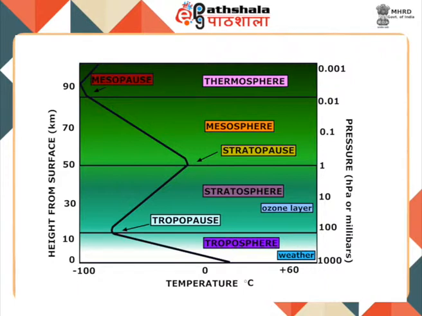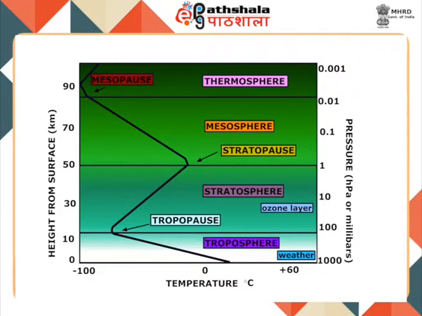So from an average surface temperature of about 15 degrees Celsius, we move to minus 56 degrees Celsius at the top of the troposphere. So that becomes a decrease at the rate of 6.4 degrees Celsius per kilometer of altitude.